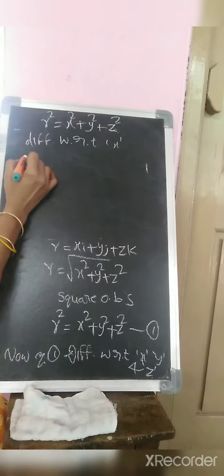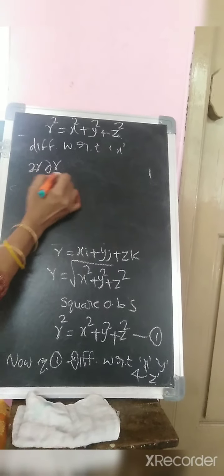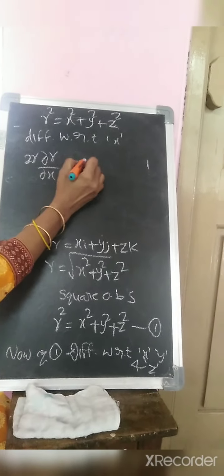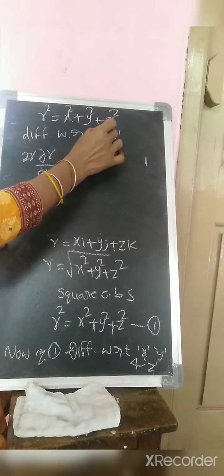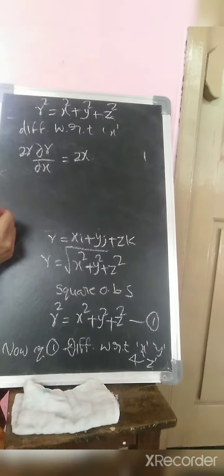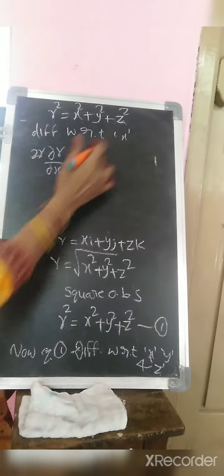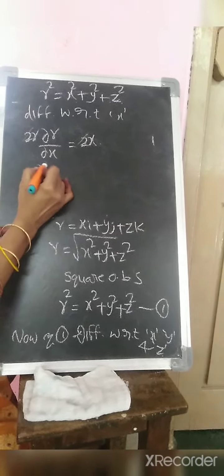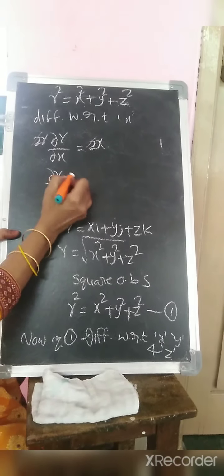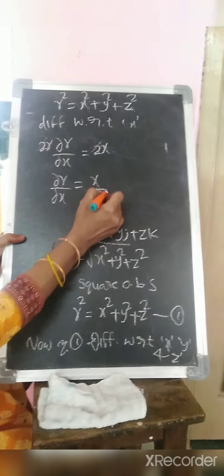So here 2r dou r by dou x is equal to 2x. Here y square and z square are constant, so their derivative is 0. Here 2 gets cancelled, so dou r by dou x is equal to x by r.